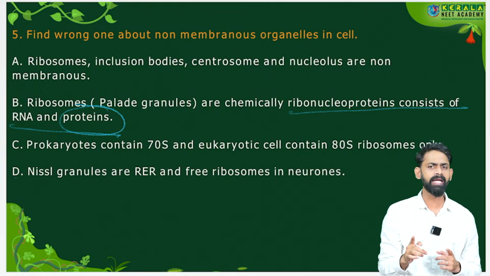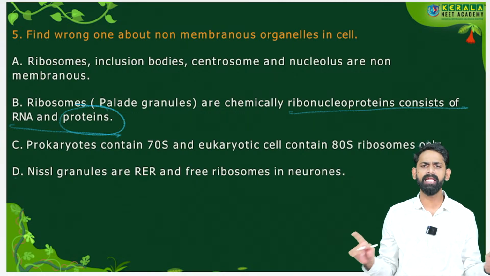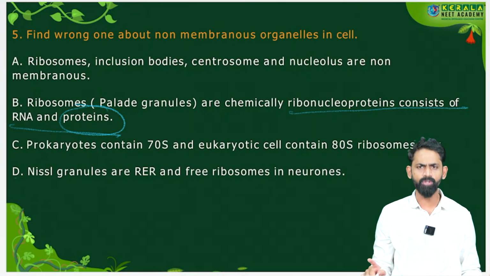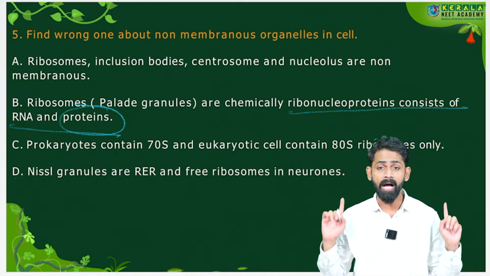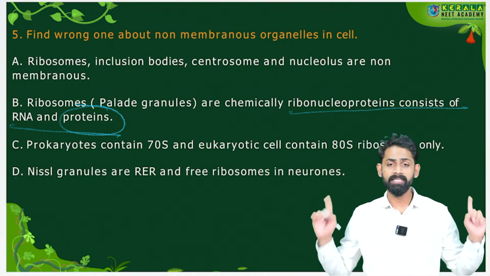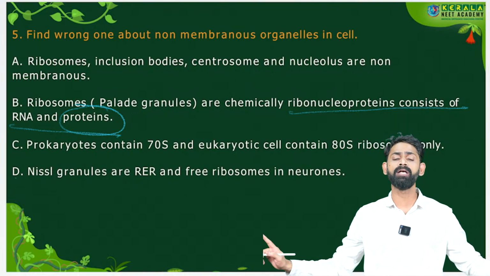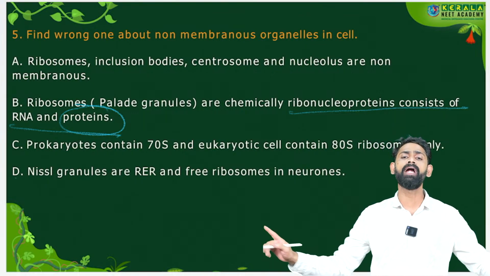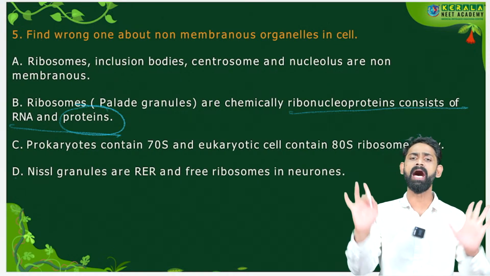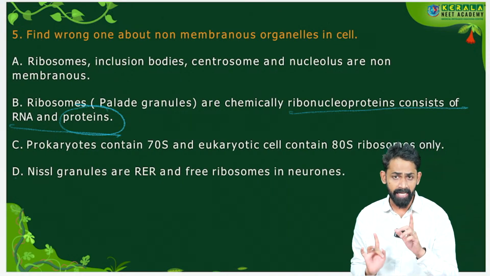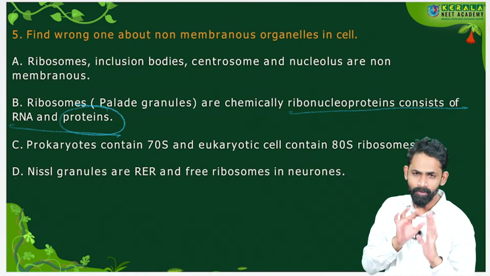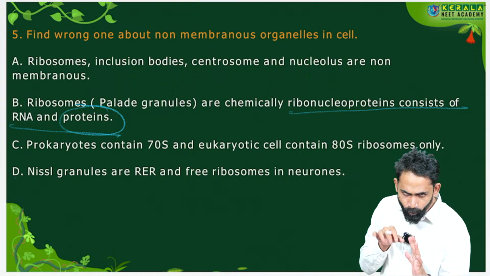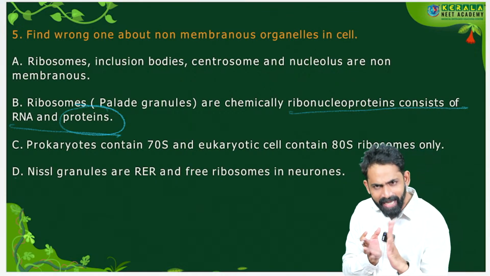Now I already said, in the eukaryotic cell, 80S ribosomes are associated with the rough endoplasmic reticulum and the outer nuclear membrane. 70S ribosomes are associated with the matrix of mitochondria and the stroma of chloroplast. That is why the eukaryotic cell contains both 70S and 80S.